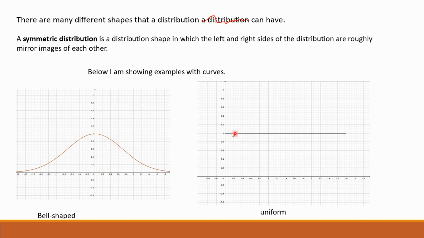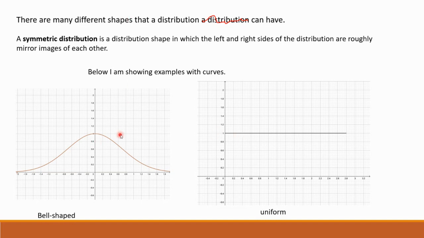We will see examples with histograms. And I should say this also, as I wrote here: when you say it's symmetric, it may not exactly be images of each other. If you were to fold it about its center, they may not overlap each other 100%. That can happen. So it could be symmetric even though it's not exactly mirror images of each other.